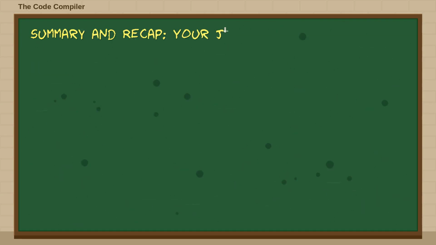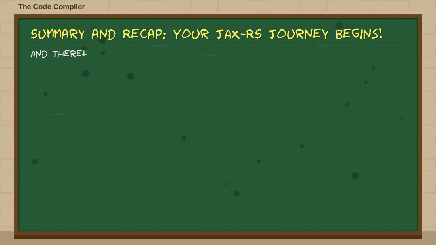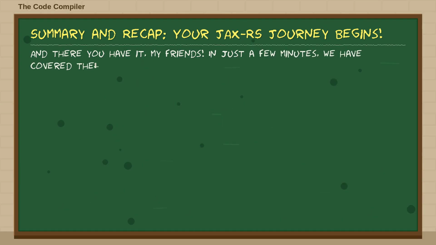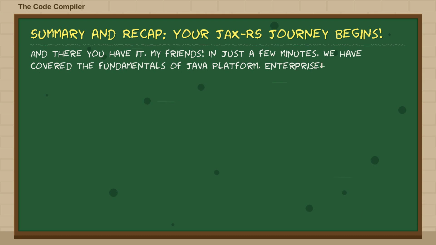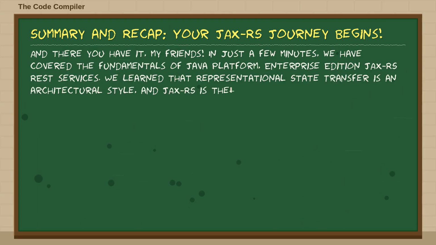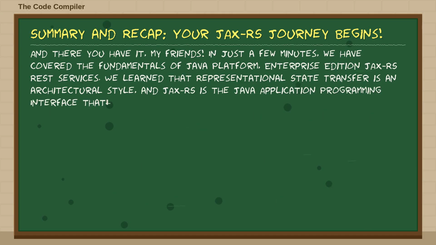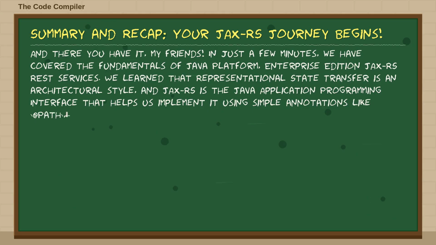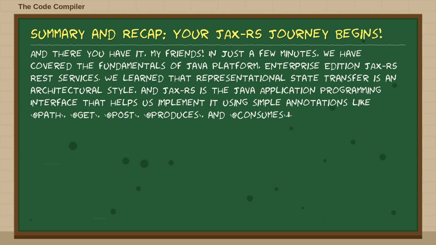And there you have it, my friends. In just a few minutes, we have covered the fundamentals of Java Platform, Enterprise Edition JAX-RS REST services. We learned that representational state transfer is an architectural style and JAX-RS is the Java application programming interface that helps us implement it using simple annotations like @Path, @GET, @POST, @Produces, and @Consumes.